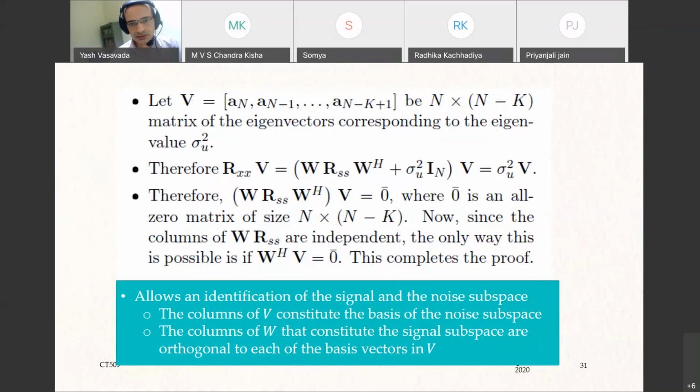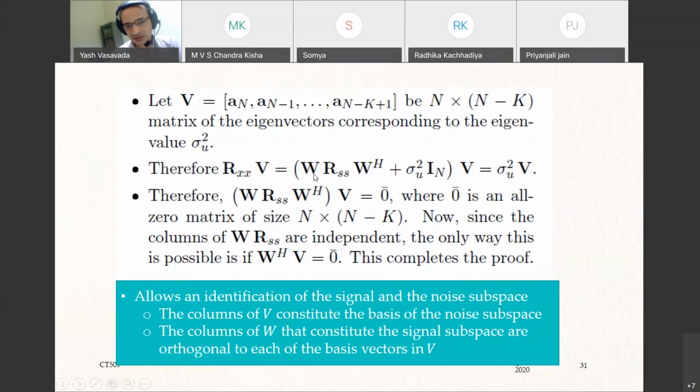Okay, so what I want to try and do today is to look at the structure of this correlation matrix itself, specifically this correlation matrix RSS, and also this correlation matrix RXS. And we know that they both are related by this equation.